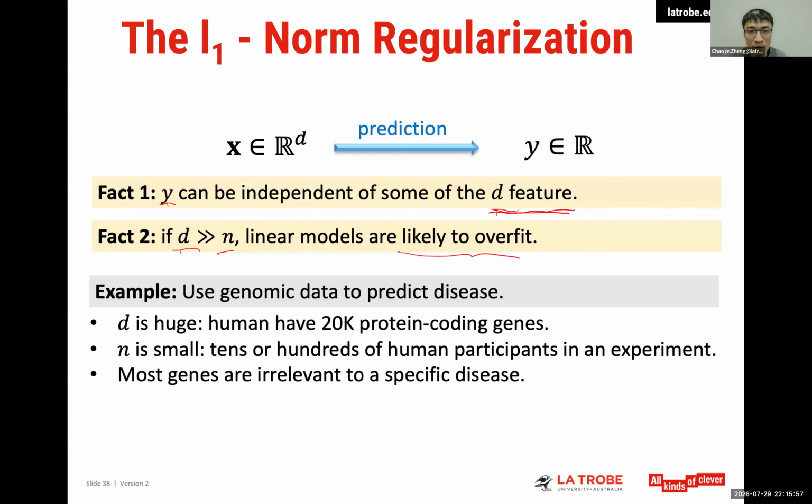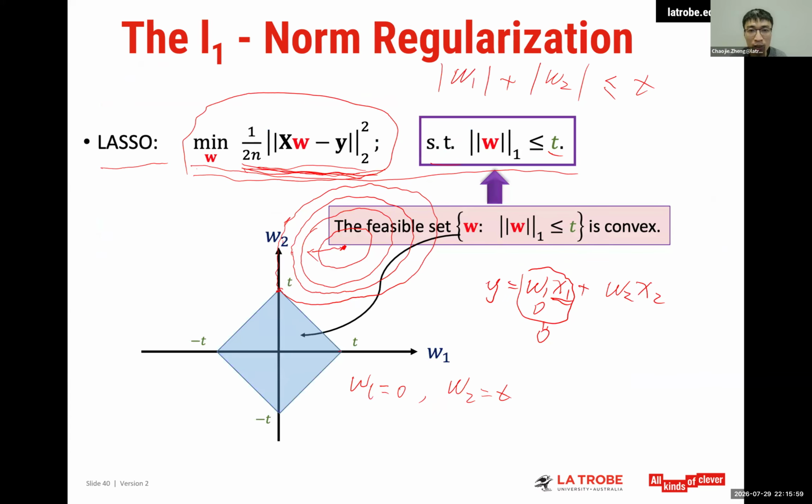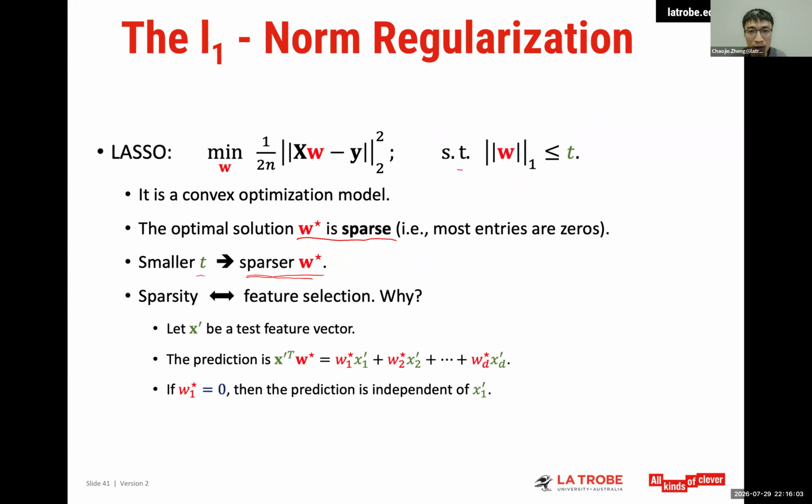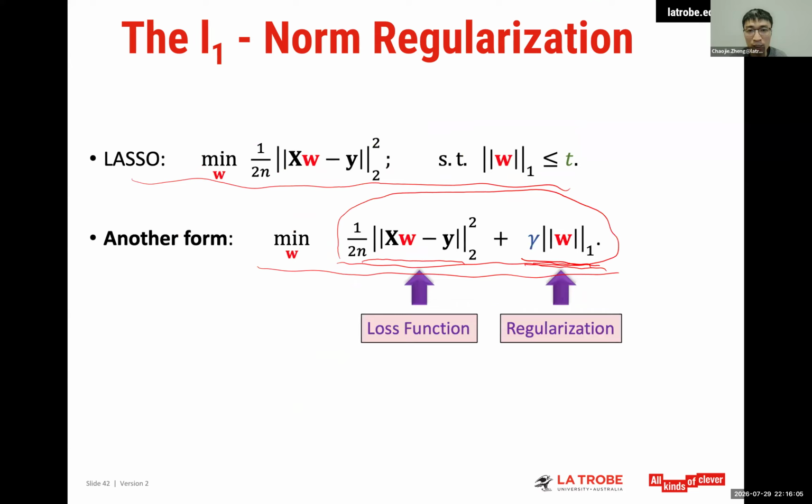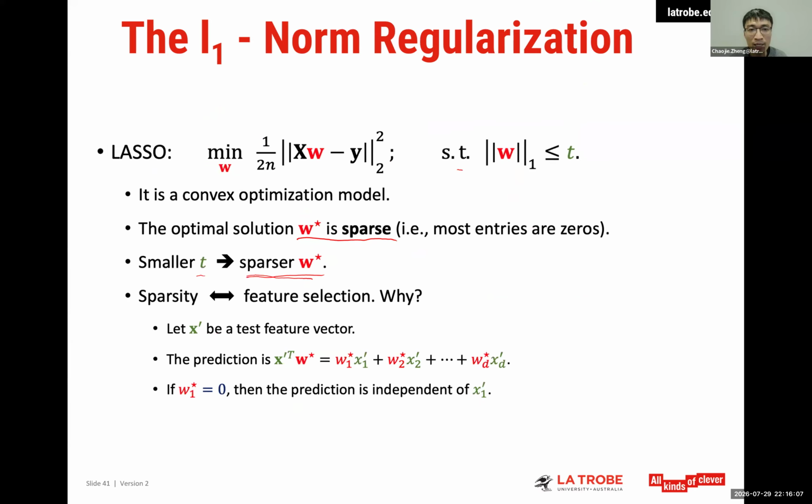And the Lasso regression is using the L1 norm. And because it's using L1 norm, it can send certain weight parameters to be exactly 0. And thereby, it can remove the features that are irrelevant to the prediction task.